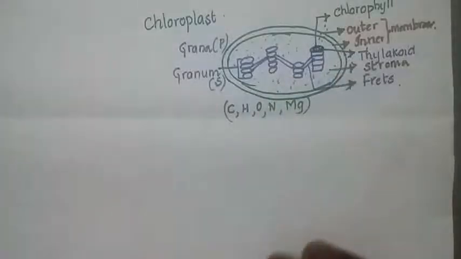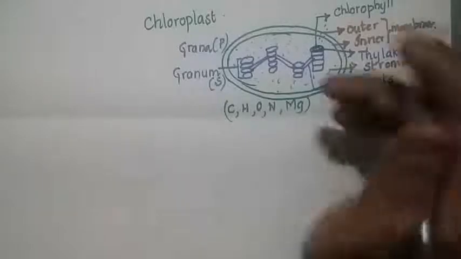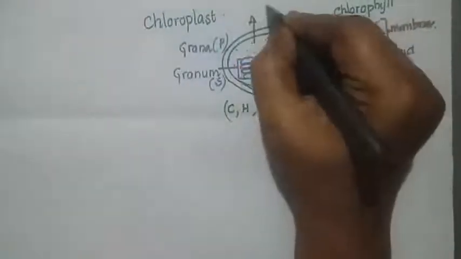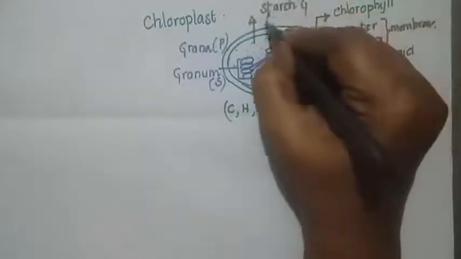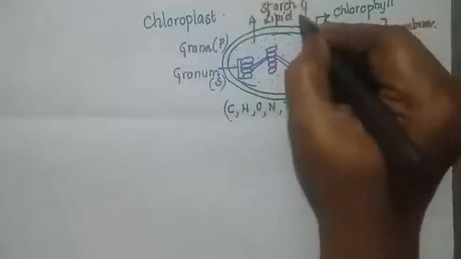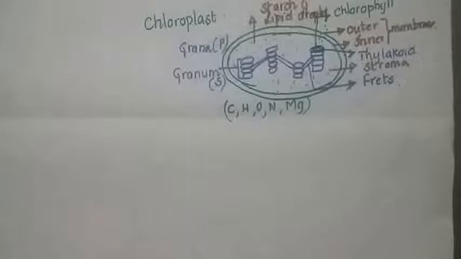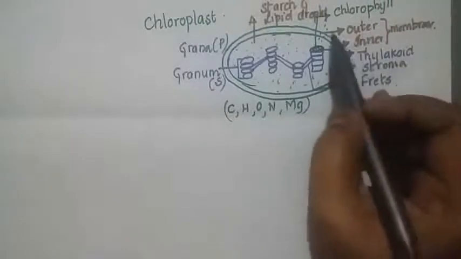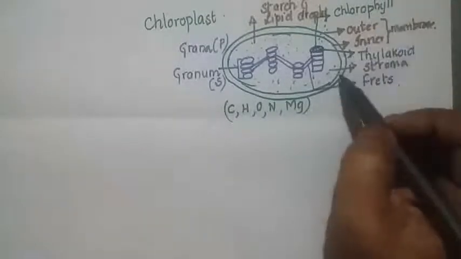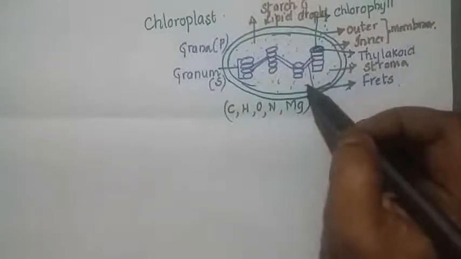Here we call this ground substance the stroma of the chloroplasts, which comprises starch granules. You may find lipid droplets in the stroma. So thus you can say that a chloroplast comprises an outer membrane, an inner membrane, which is an oval body comprising granum, and a ground substance known as stroma.